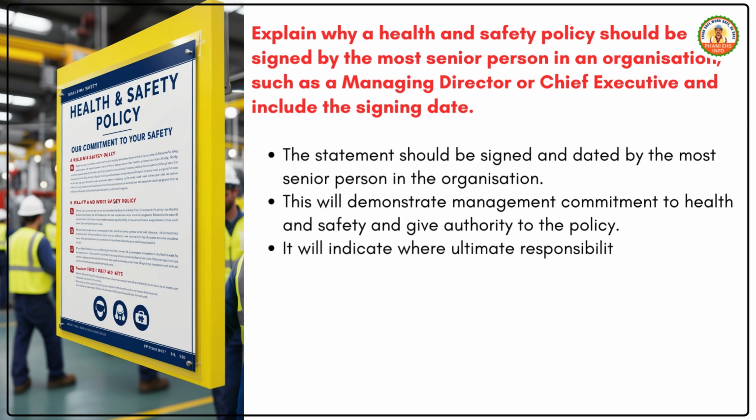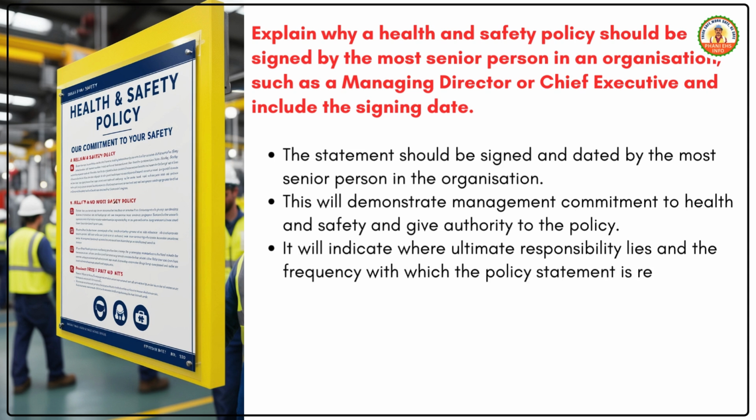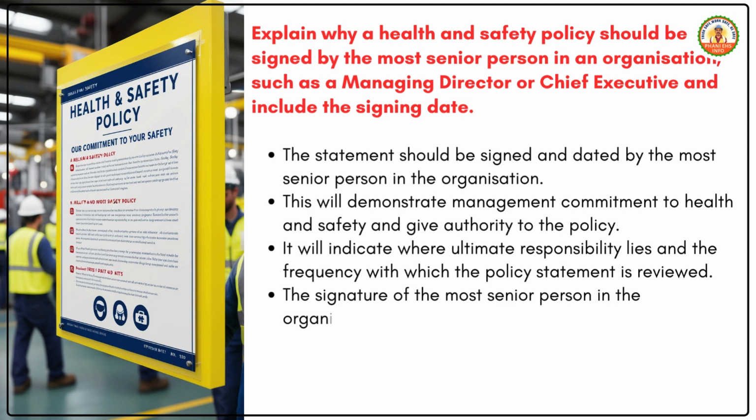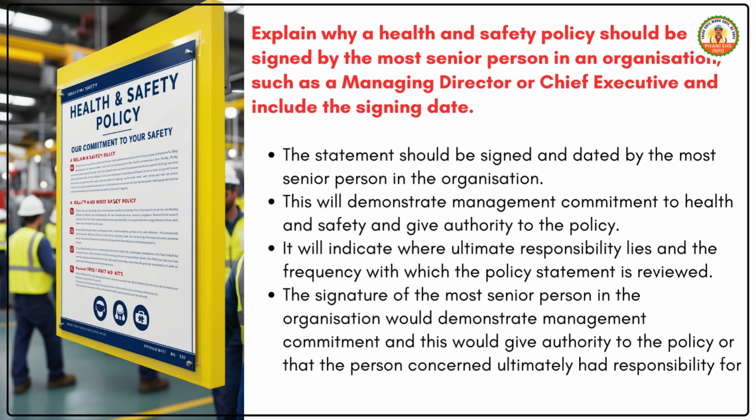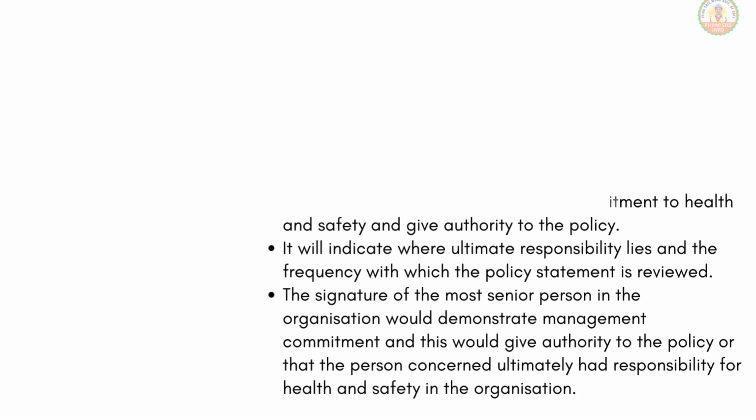It will indicate where ultimate responsibility lies and the frequency with which the policy statement is reviewed. The signature of the most senior person in the organization would demonstrate management commitment, and this would give authority to the policy or that the person concerned ultimately had responsibility for health and safety in the organization.